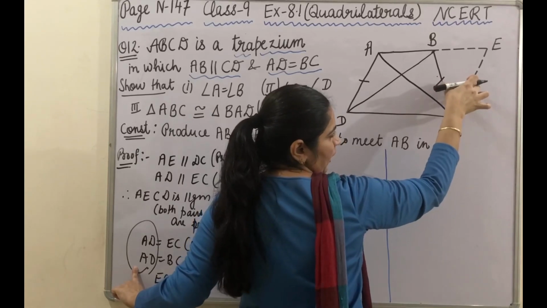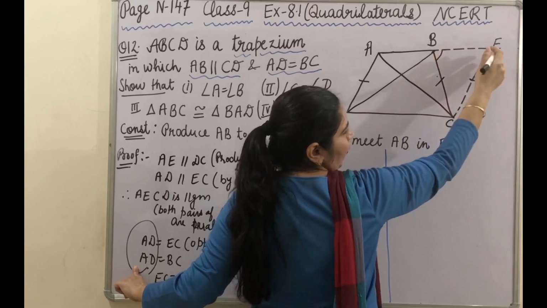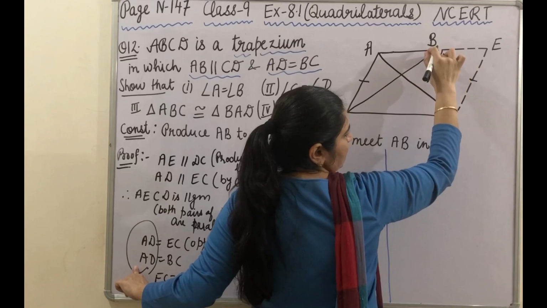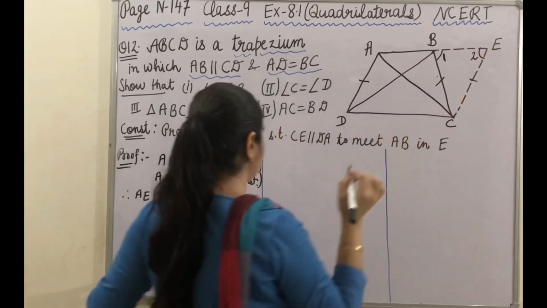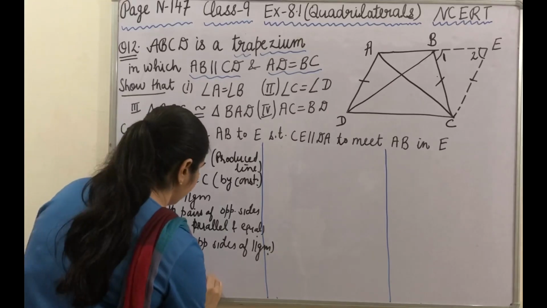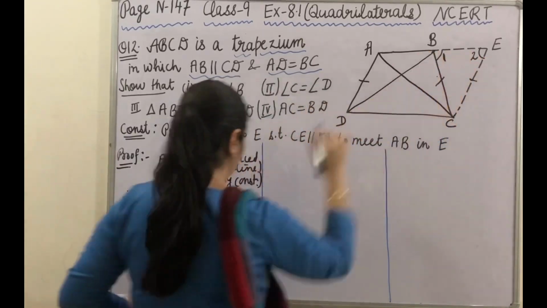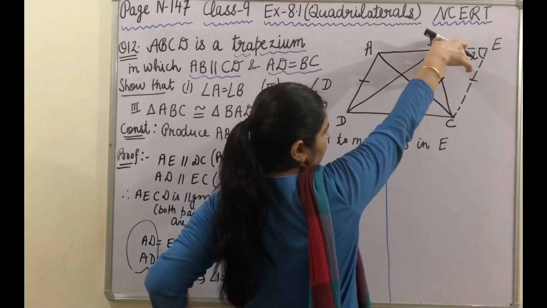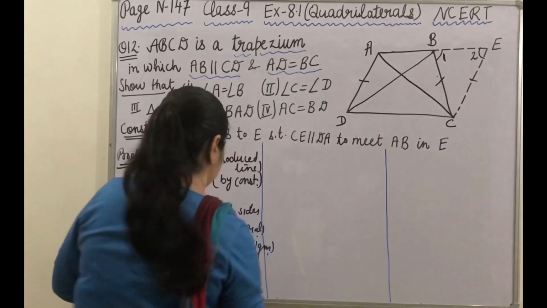If these two lines are equal, opposite to EC I am giving the name angle 1. Opposite to BC is this angle, I am giving the name angle 2. Therefore opposite to EC is angle 1, and opposite to BC is angle 2.